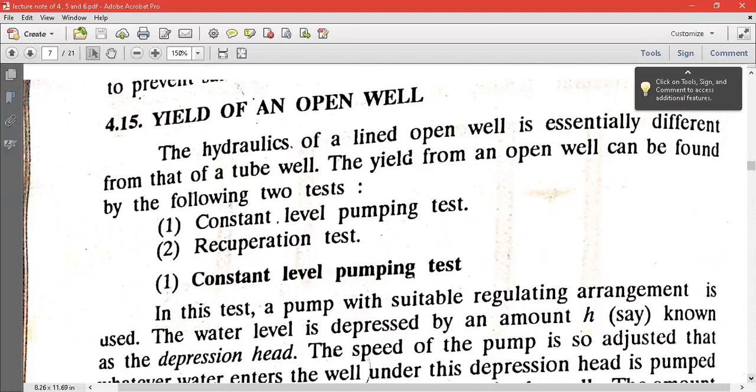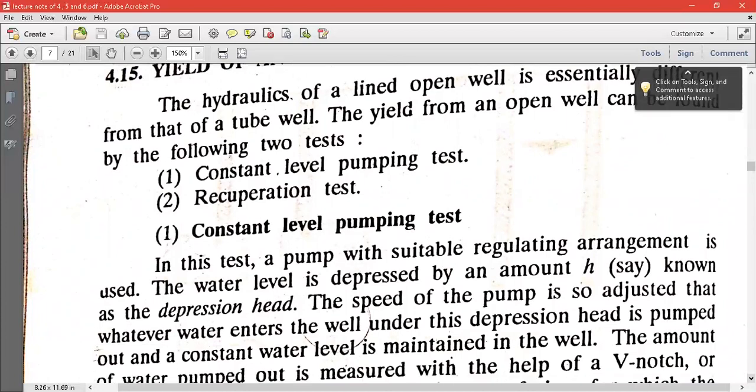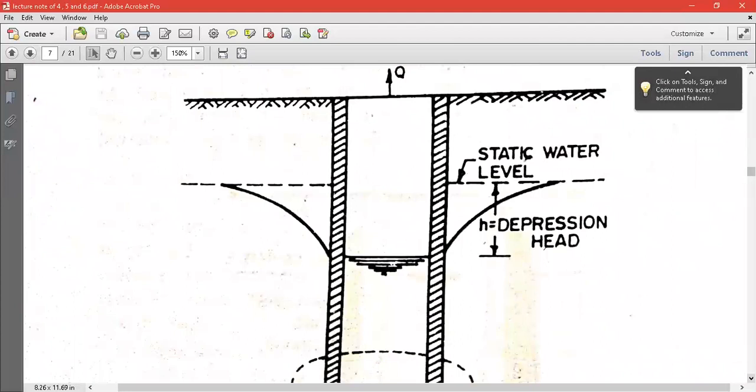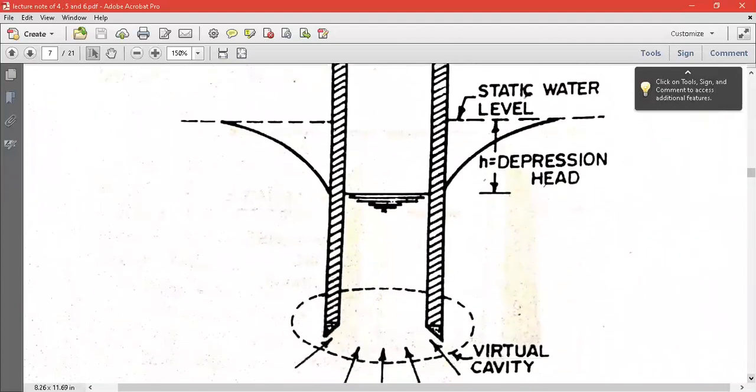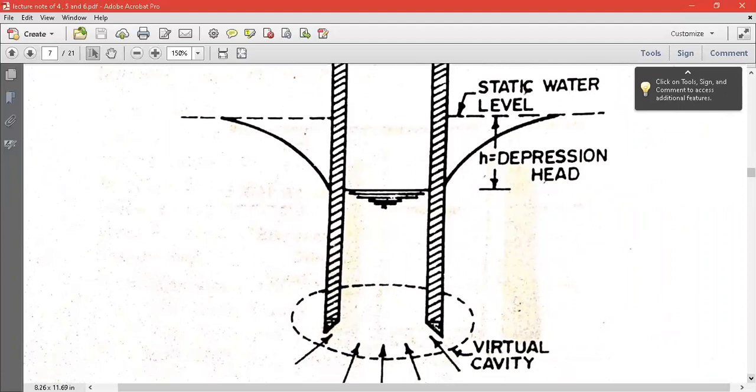There are two methods to calculate the yield of an open well: one is the constant level pumping test, another is the recuperation test. Constant level pumping test means, suppose this is an open well. You see the bottom portion is not closed, and that's why the virtual cavity, the lower portion of the cross-section area, will be somewhat larger than the area of the well that I have tried to show you in the figure.